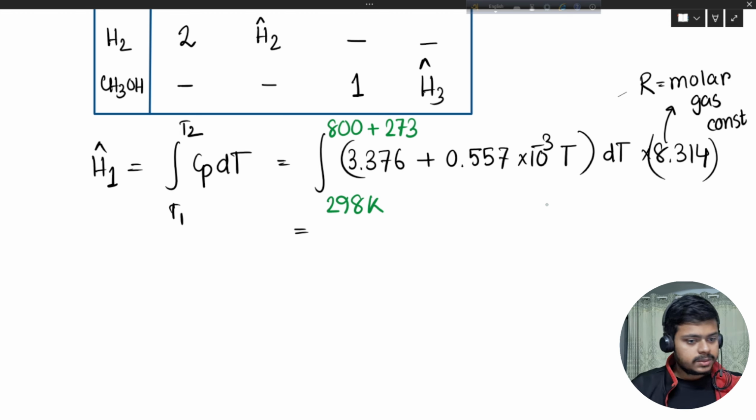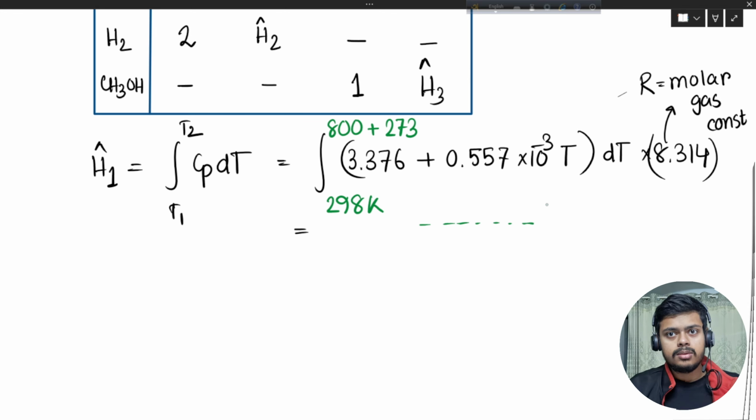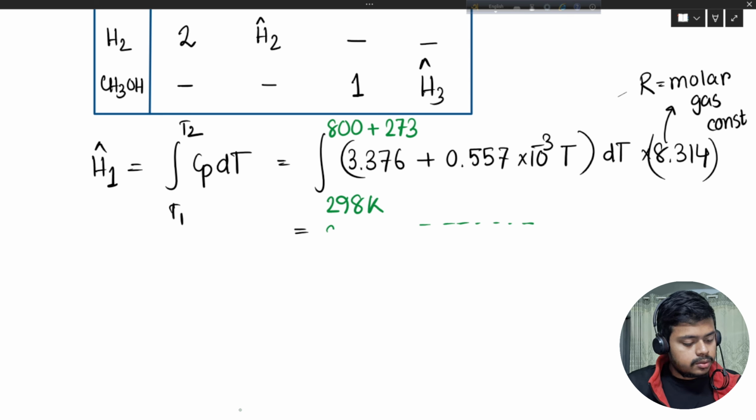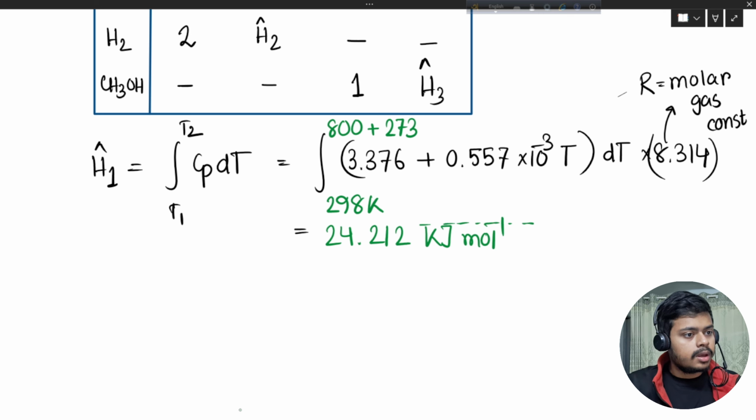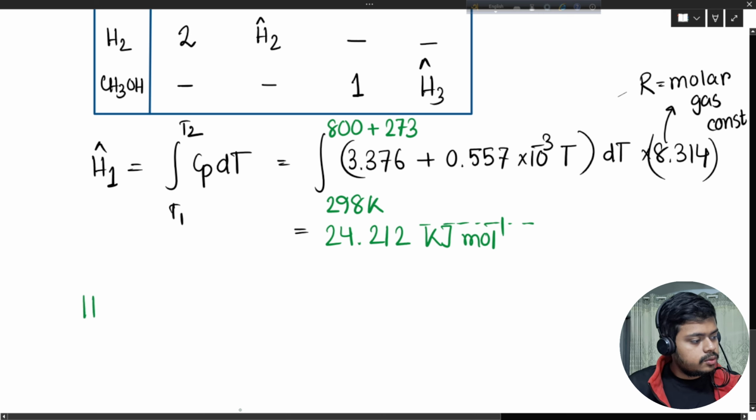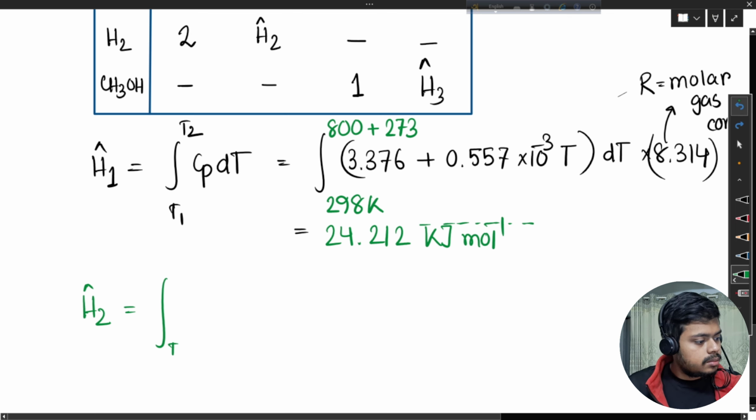So we can calculate the H1 specific here, and there's going to be a value here. This one is 24.212 kilojoules per mole. For H2 specific, we're also going to use the integral of CP dT from T1 to T2.